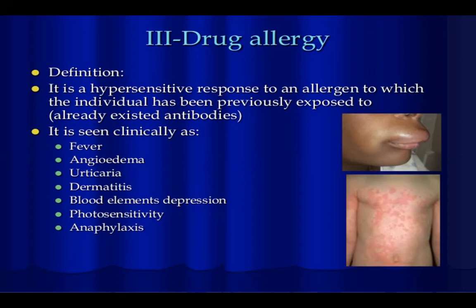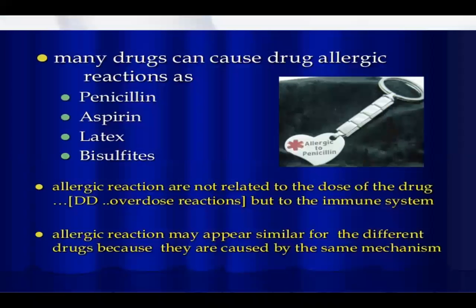These are due to drug allergy. You can see in this picture how patches appear on the skin. Many drugs can cause allergic reactions, such as penicillin, aspirin, latex, bisulfides.